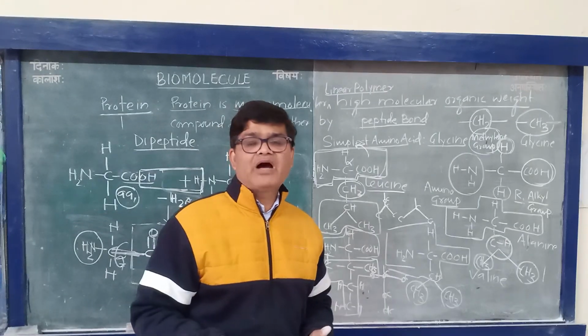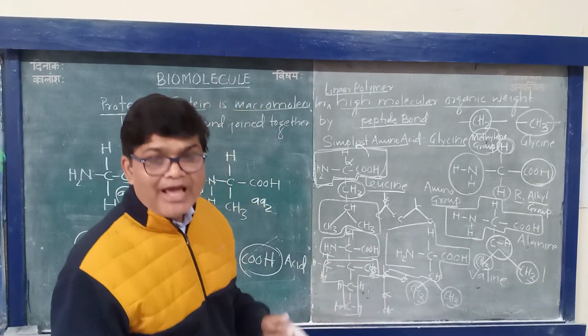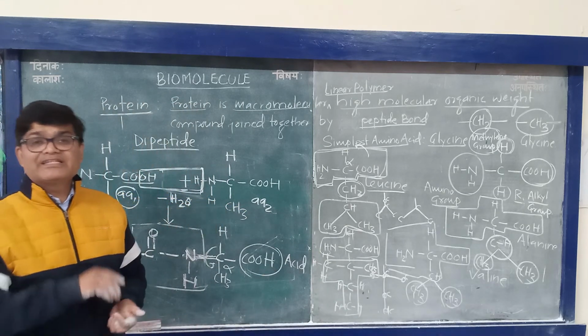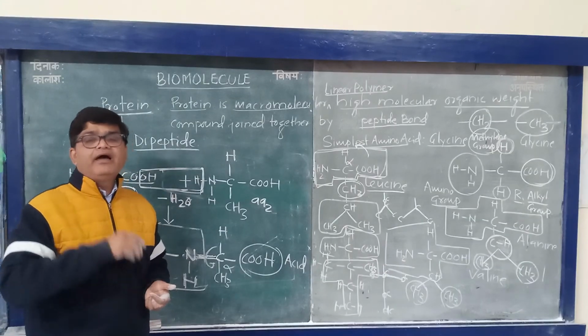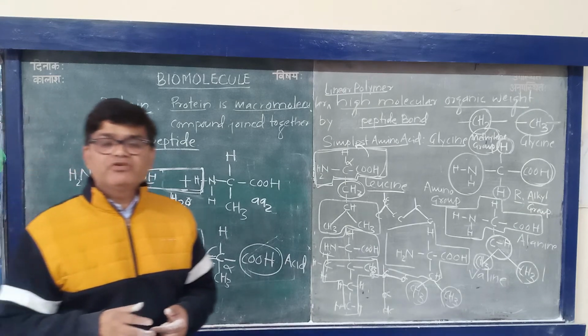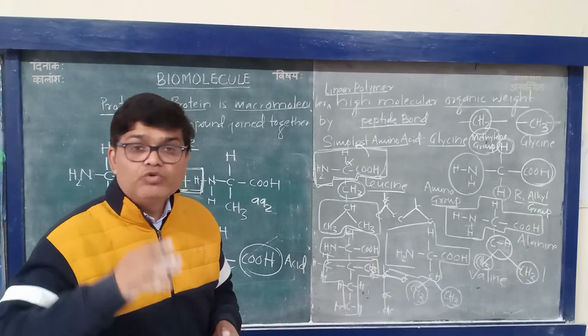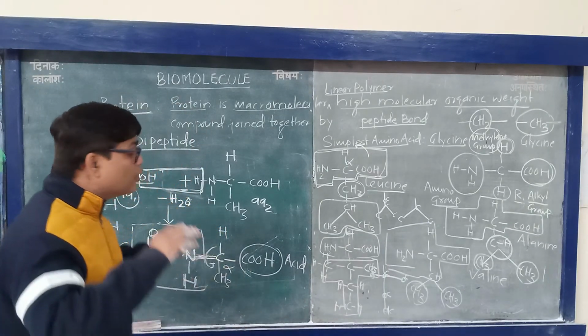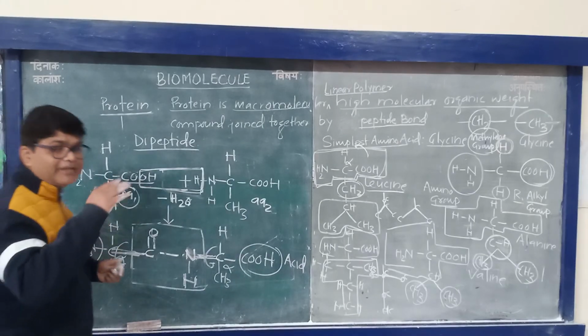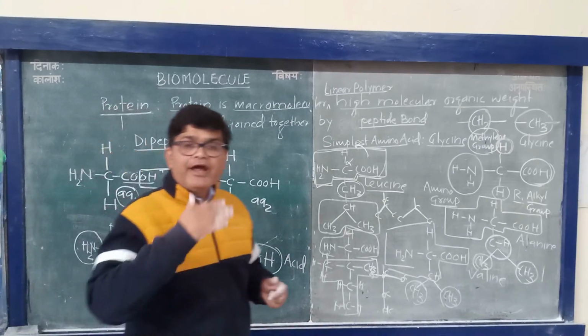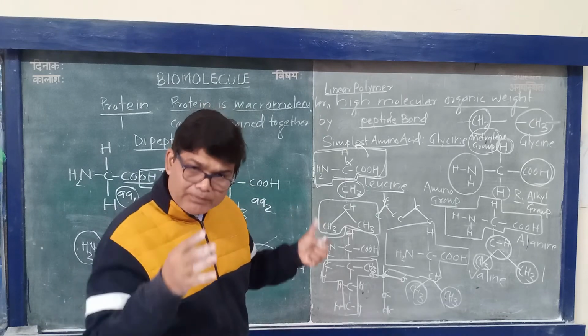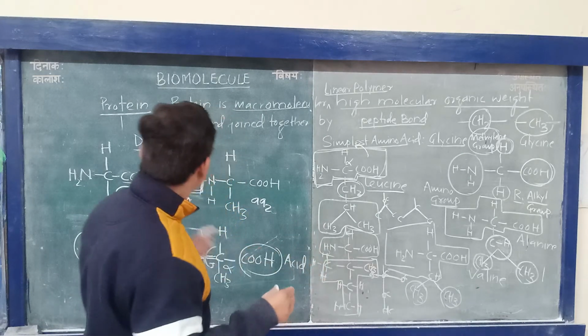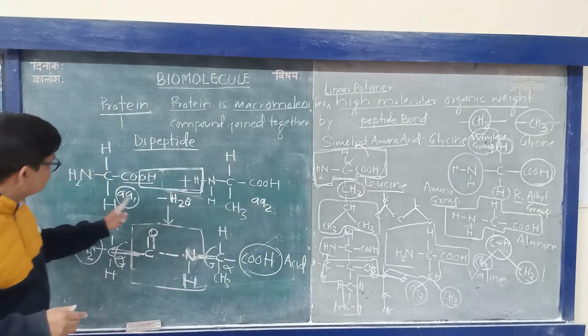The hydroxy group containing amino acids are serine and threonine, and the acid group containing amino acids are aspartic acid and glutamic acid, and the amide group containing amino acids are asparagine and glutamine. And the aromatic amino acids are phenylalanine, tryptophan and tyrosine. And what is the peptide bond? The bond between two amino acids after release of water.